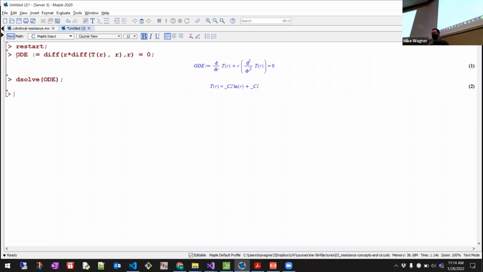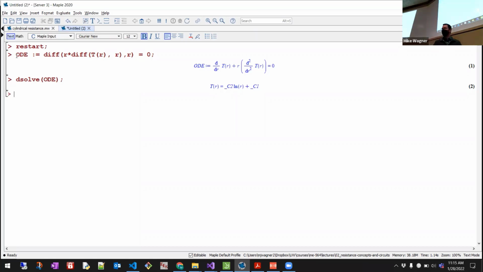So rather than going through that full multi-part integration that we did, which honestly wasn't that hard but was some work, this just straight out tells us, here's your answer. And notice that it has the unknown constants of integration in there as well.